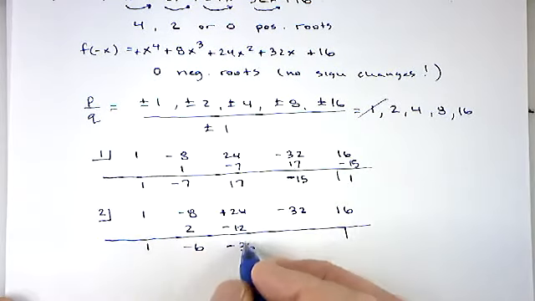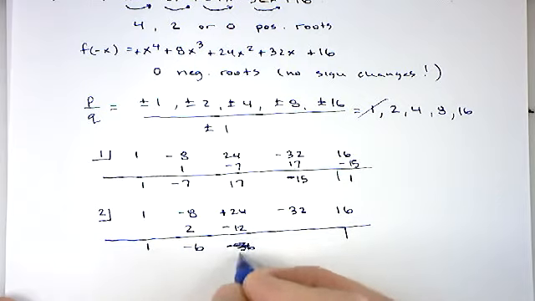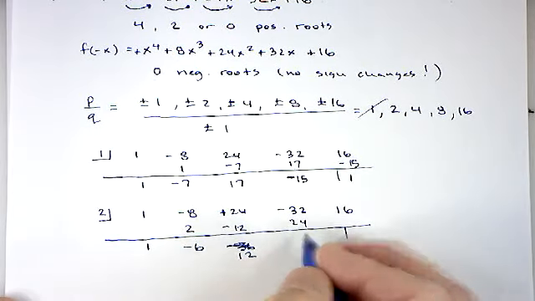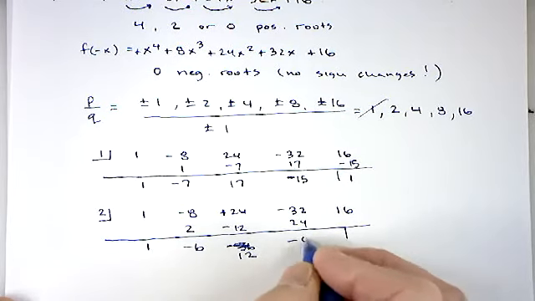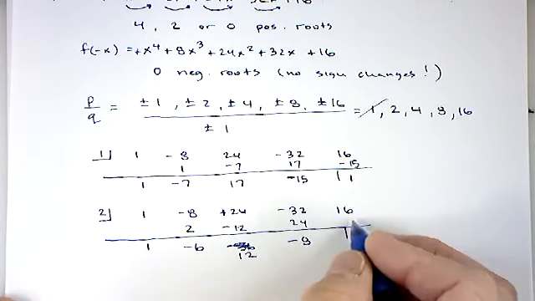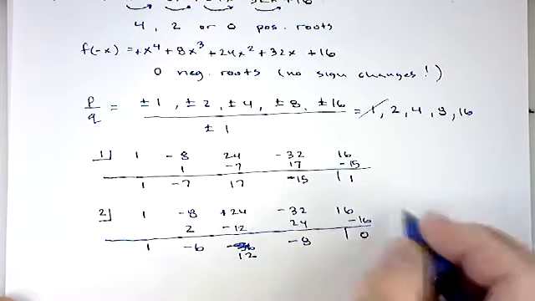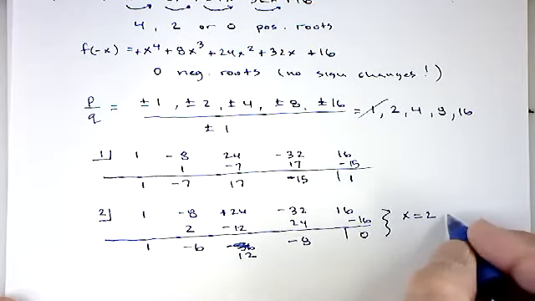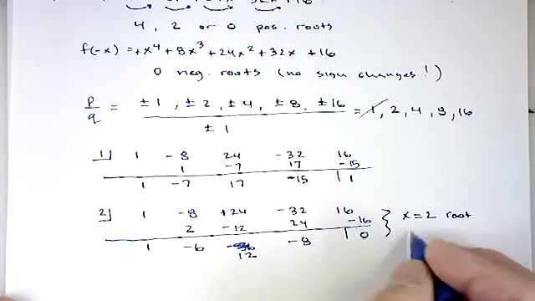There we go. That's 12, huh? 2 times 12 is 24. -32 plus 24 is -8. It gives me -16 and a remainder of 0. So I know that x equals 2 is a root. And x minus 2 is a factor.